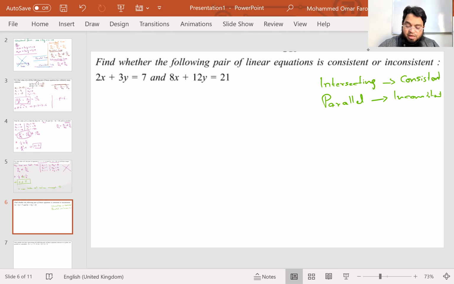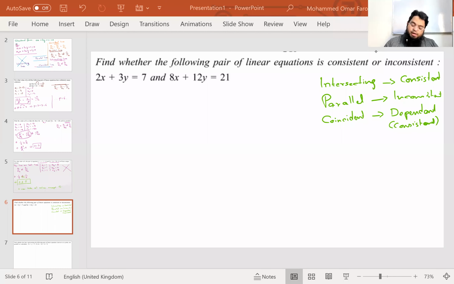And if they are coincident, they are called dependent, but they are also called consistent. Especially they are called dependent as well as consistent. So that means if the lines are consistent, then either they should be intersecting or coincident. Got it, my dear students?